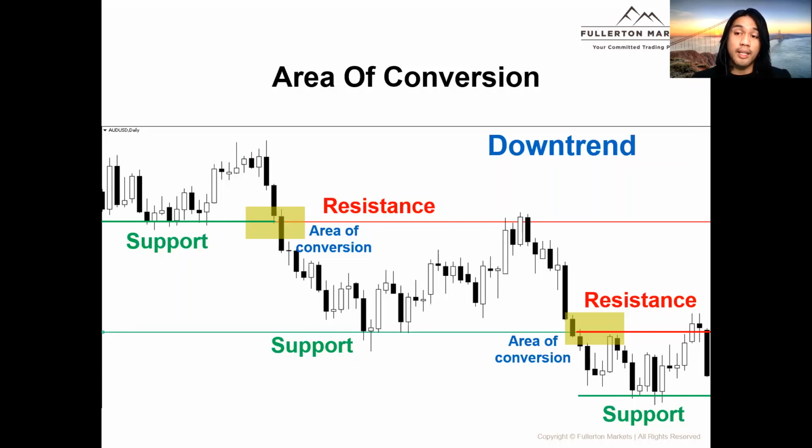Once again, an area of conversion is where prices break through a support or resistance, and in turn, the previous support or resistance will be converted to its counterpart. So if it was a support before and it gets broken through, it becomes a resistance. If it was a resistance before, but it is broken through, it becomes a support. Okay?